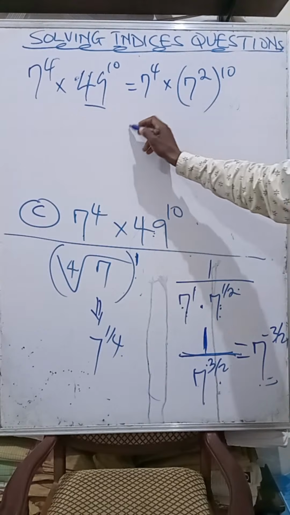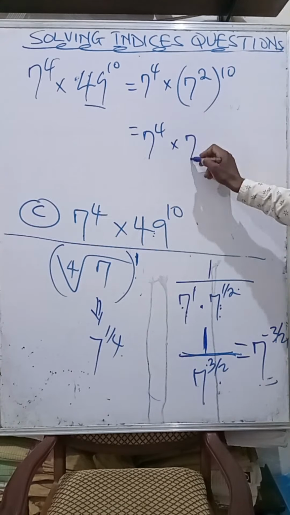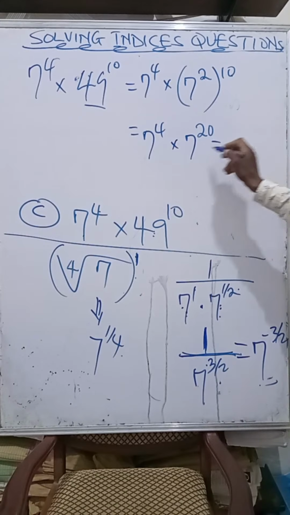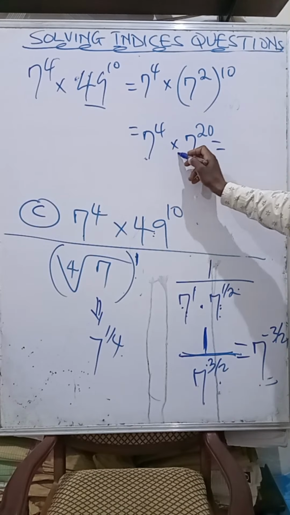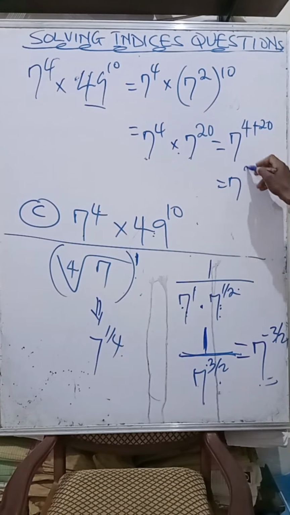And that will be equal to 7 to the power 4 times 7 to the power 2 times 10, that's 7 to the power 20. The bases are the same and you're multiplying, so you take one of the bases and add the exponents: 4 plus 20. That's 7 to the power 24. So K in this case is 24. So that's that on this set of questions.